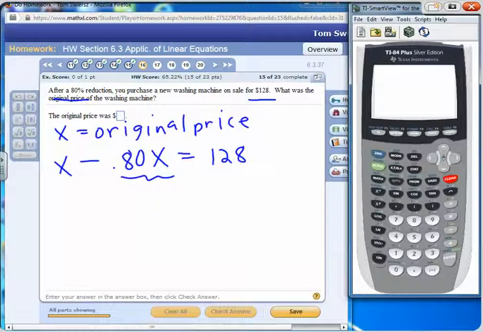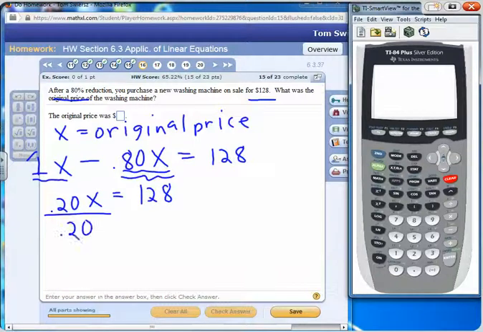Now this is a 1X. So 1X minus 0.8X, you can do it on your calculator. 1 minus 0.8 is 0.20X. I can combine these two terms. So 0.20X equals 128. Then I would simply divide both sides by 0.20.